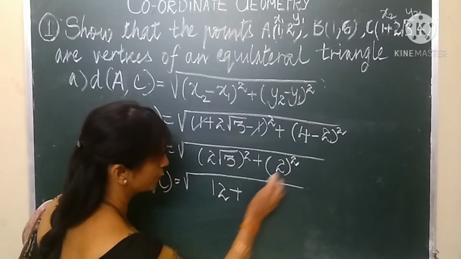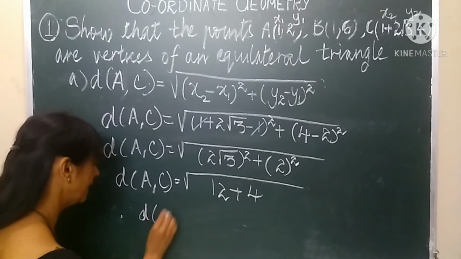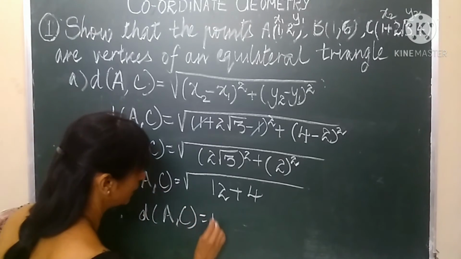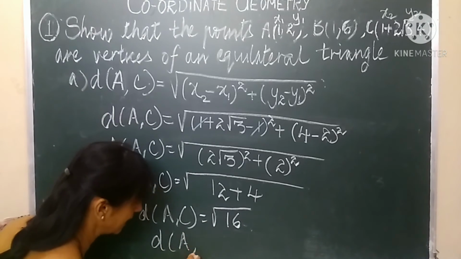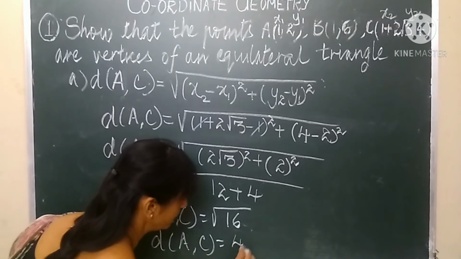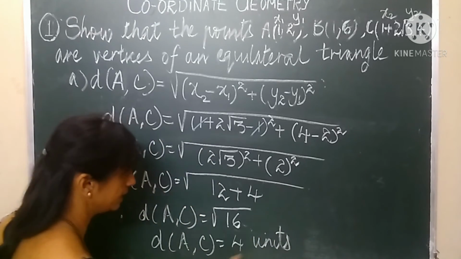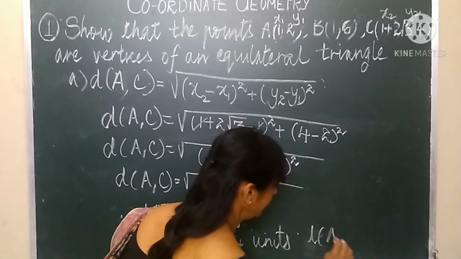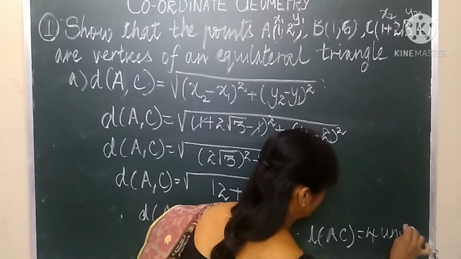Plus 2 squared is 4, 2 2s are 4. Therefore, distance AC is equal to root 16. Again, let's take only the positive value of root 16, that is 4 units. Therefore, length AC is equal to 4 units.